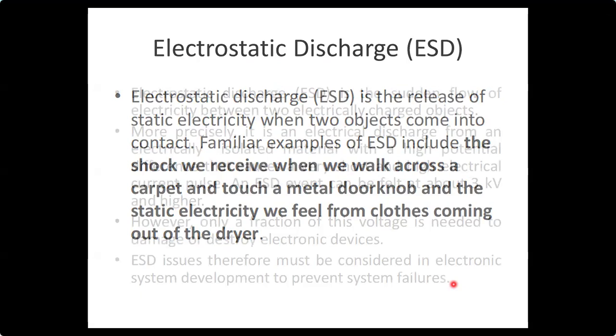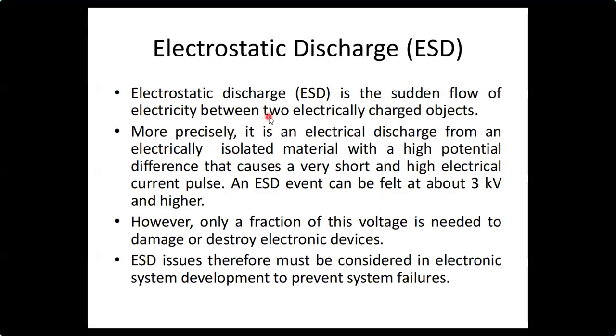Coming to the definition of electrostatic discharge: it is the sudden flow of electricity between two electrically charged objects. So ESD only happens when the static energy discharges, a sudden flow of electricity which passes like a spark.